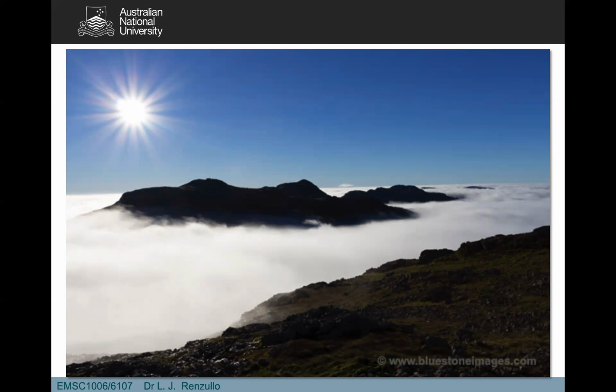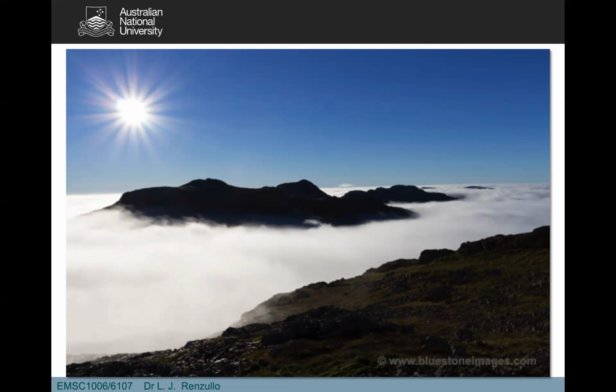And cold air is denser and it will slide underneath warmer air. Remember, more dense things will sink below less dense things. So the air above this cold layer is warmer, less dense, therefore more buoyant.